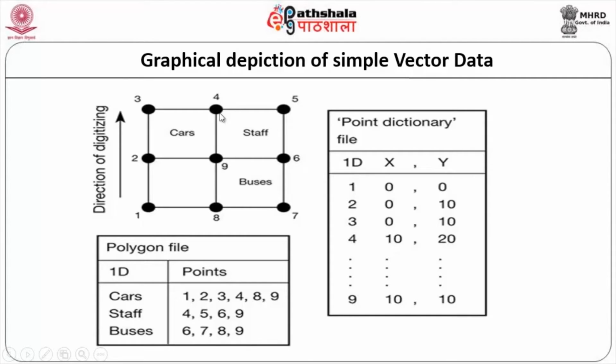This particular area is earmarked for cars, this for buses, and this is for staff. Do not worry about what exactly we are using, it is just for understanding. Now, when I take the polygon file, I should also remember in which direction I am supposed to digitize the data.